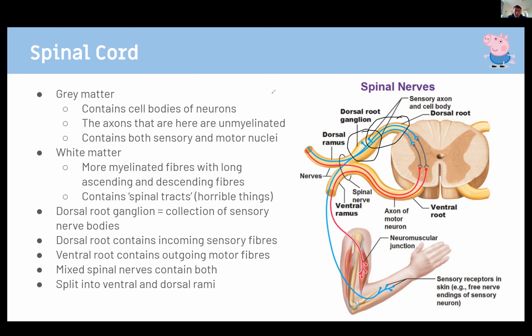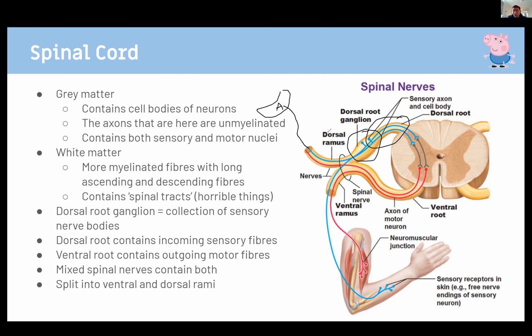So you might have, I don't know, an arm here. That's not really an arm, but just pretend it is. You'll have sensory fibers, perhaps something touched you, and then the sensory fibers will come in through your dorsal ramus. You don't really need to know what a ramus is, it's just a name, but dorsal just means posterior, behind.